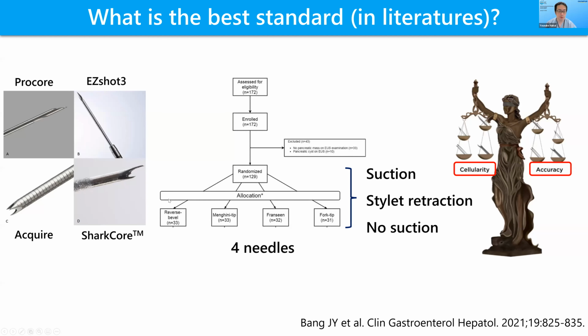And there are so many needles recently, and we don't know which needle is the best needle. This is a study from the US. They compared 4 needles, ProCore, EchoTip 3, Acquire, and Sharkcore. And they also compared suction technique: suction and stylet retraction, or slope and no suction.